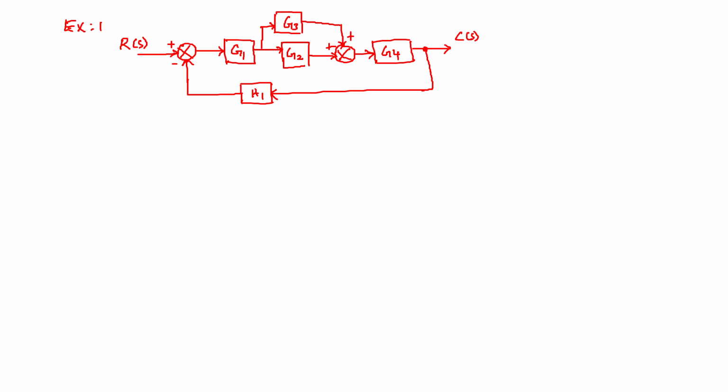We have a closed loop system where multiple transfer functions like G1, G2, G3, G4 and H1 are interconnected in such a way that they are forming a closed loop system.